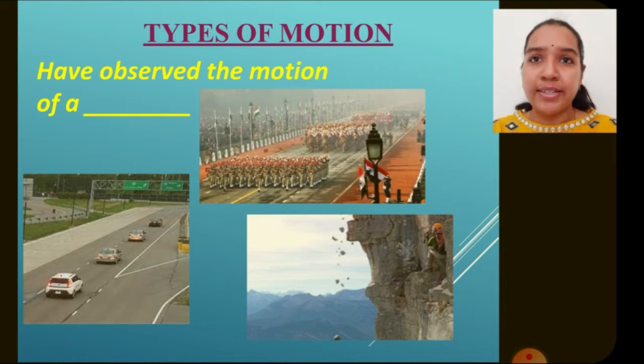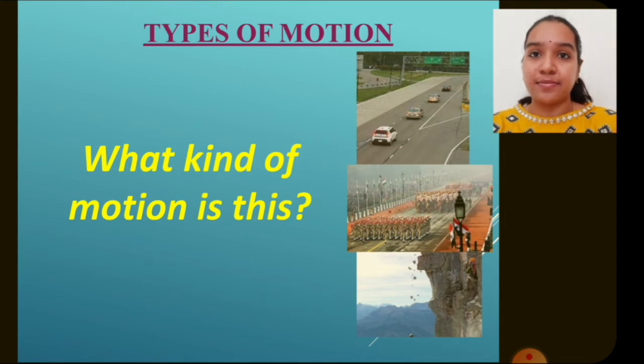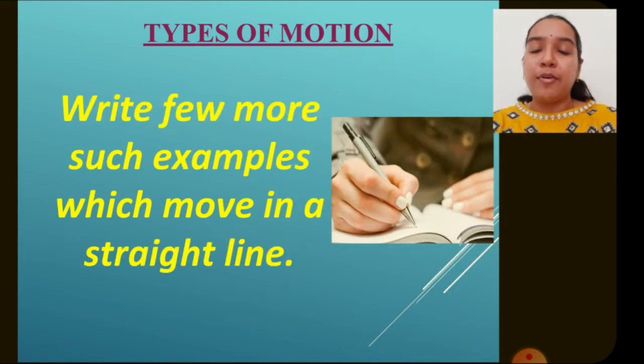Why do the sprinters run in a straight track in a 100-meter race? What type of motion is seen in these examples? Before learning which type of motion is this, take a paper and a pen and write down few more examples of situations and objects which move in a straight line.